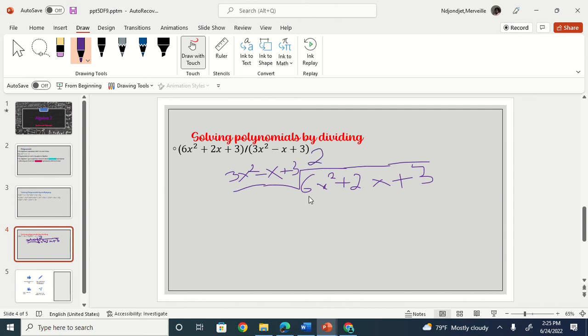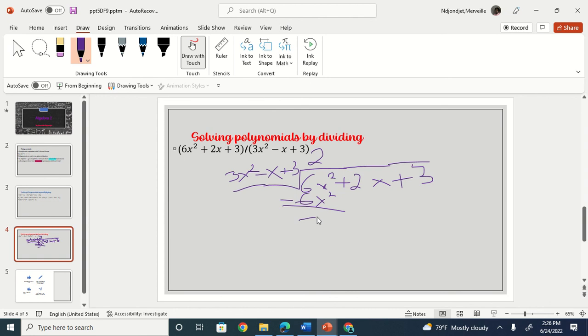Then 6x squared minus 6x squared is just going to be 0. Let me erase this because you might confuse this as x. Let's just put a dash.